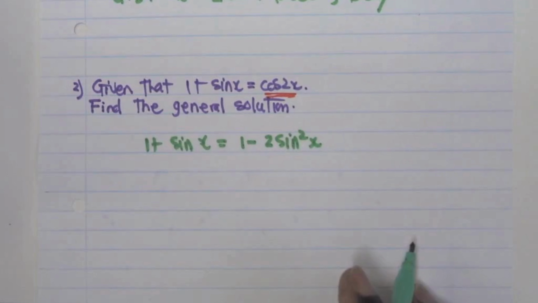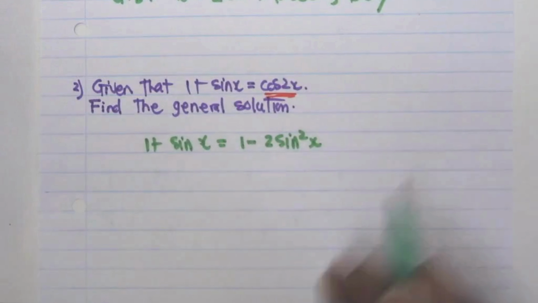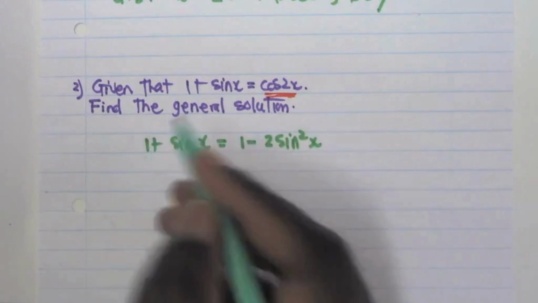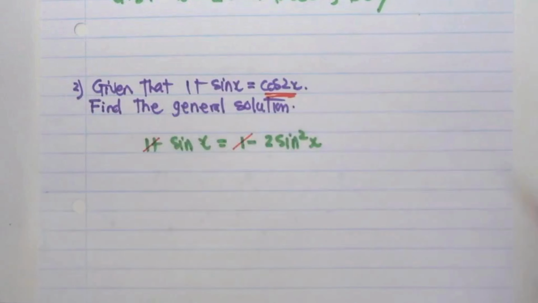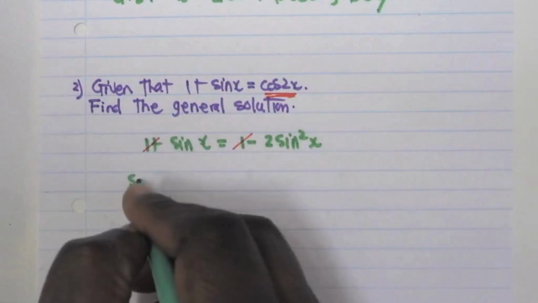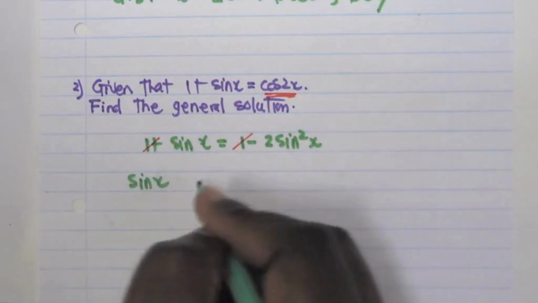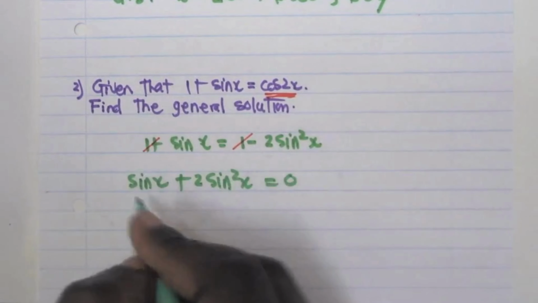I chose that identity because this other side contains sine. And if I simplify here, I can see that this 1 here is going to cancel with that 1. And then I can write here sine x plus 2 sine squared x is equal to 0.